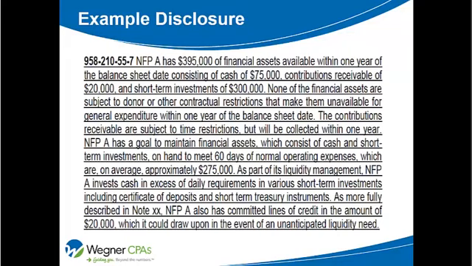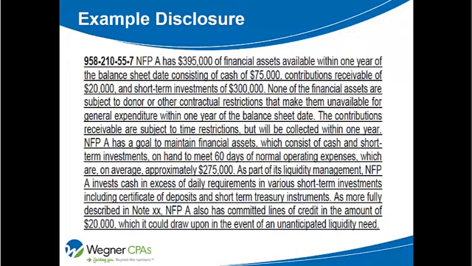On page 10 in the example handout, they're breaking it down, showing you how much cash and cash equivalents you have, accounts receivable, contributions receivable, and investments appropriated for current use. And that gives you the total financial assets available to meet cash needs for general expenditures within 1 year.